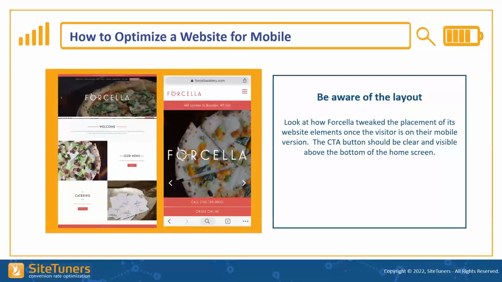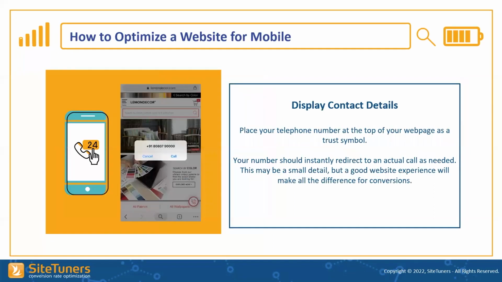But if I'm on my mobile, I might want to know, okay, can I call them? Can I order online? My thought process on what I want to do, and my user intent on what I want to do on this website could be different. And so here's an example of a difference between a desktop and a mobile, which also goes back to Jose's question.